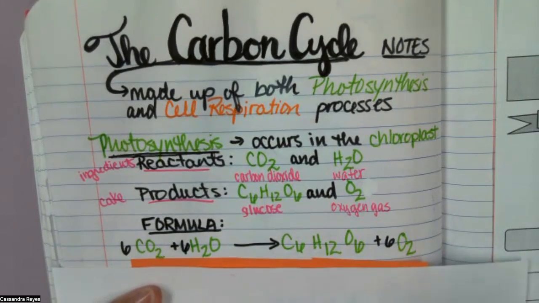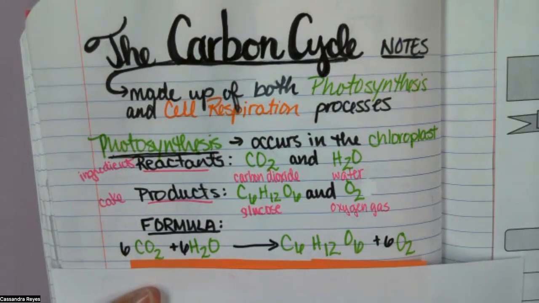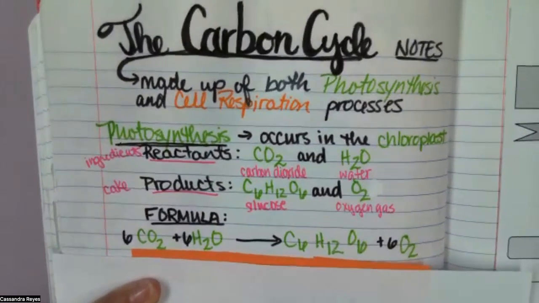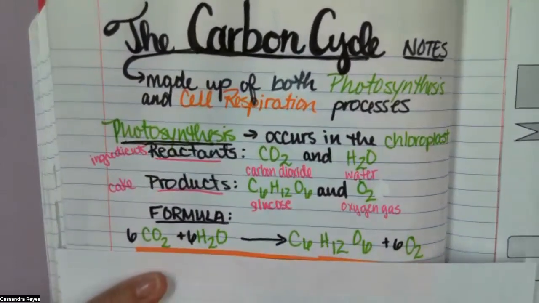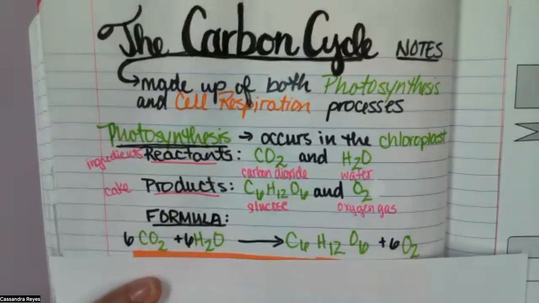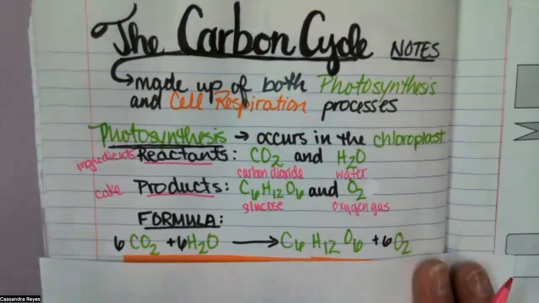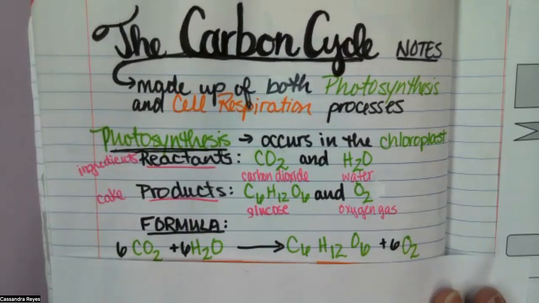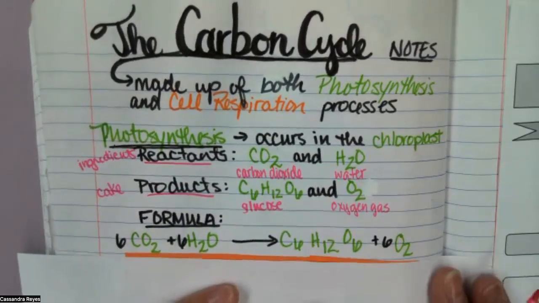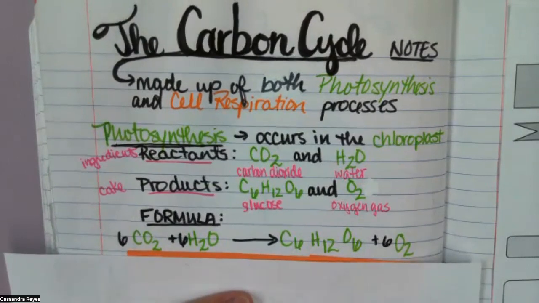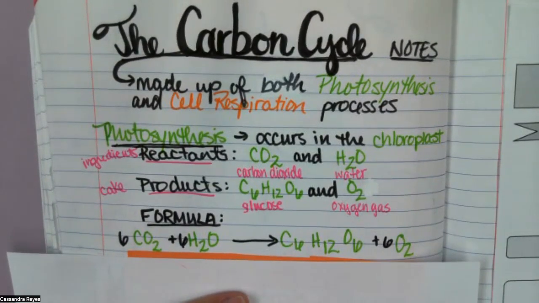We need to track where all of those molecules are going, because the first law of thermodynamics says that matter can neither be created nor destroyed. So nothing is ever lost in a process. It shows up at the beginning, then it's going to show up at the end. So if you need to, pause the video.